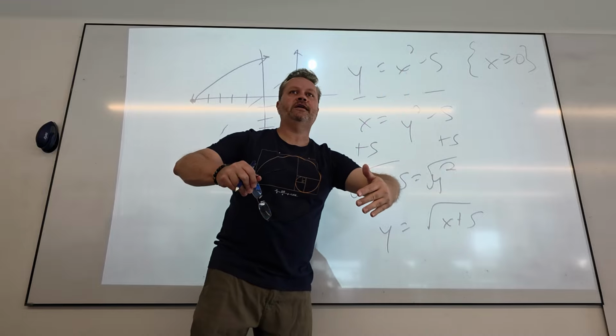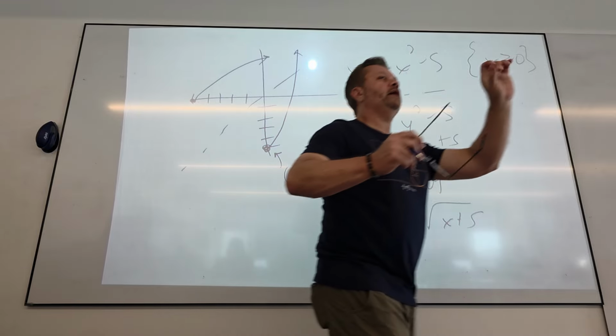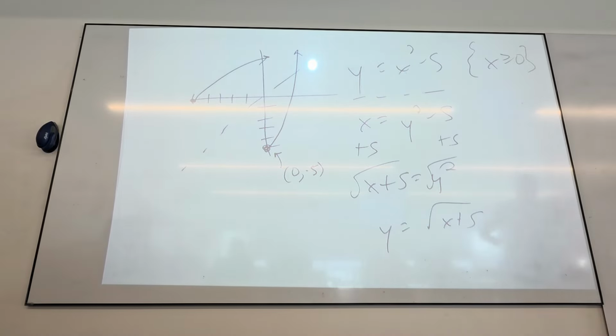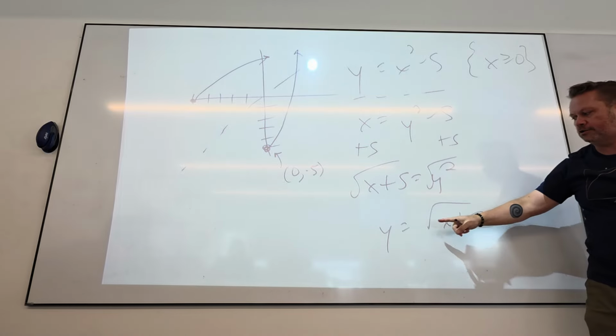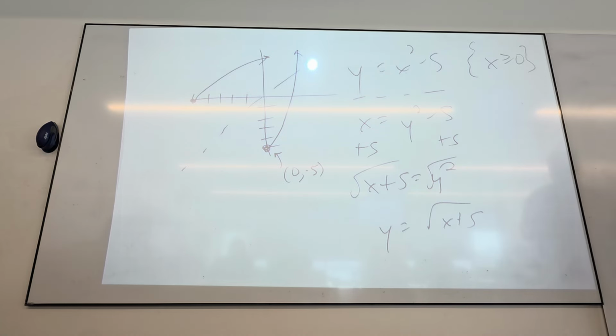We chopped half of it off. Visually, if I cut half of it off, it passes the horizontal line test. Computationally, if I cut half of it off, I don't have to put plus or minus. And the plus or minus is what would tell us there's no inverse, because there would be two outputs. But since I cut half of it off, I don't put the plus or minus. I already chose the positive side.